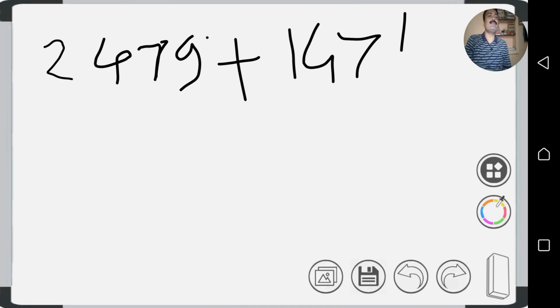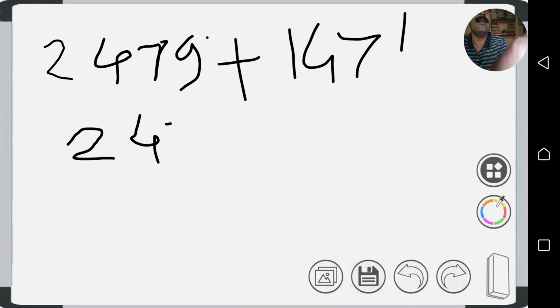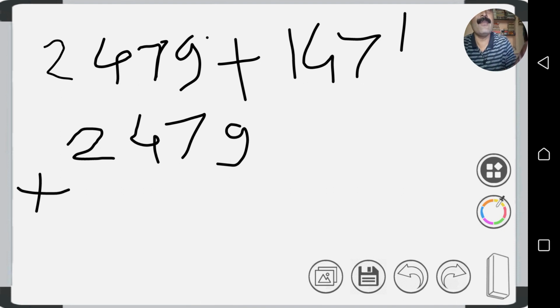Now without making columns, we have to arrange these two numbers below each other in the vertical method. That's important. So first I write the number 2479, take the plus sign, it is important, thereafter 1471.